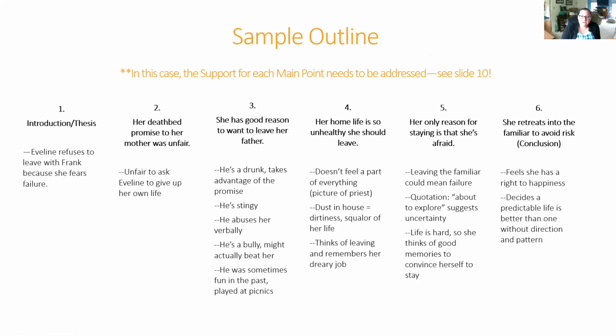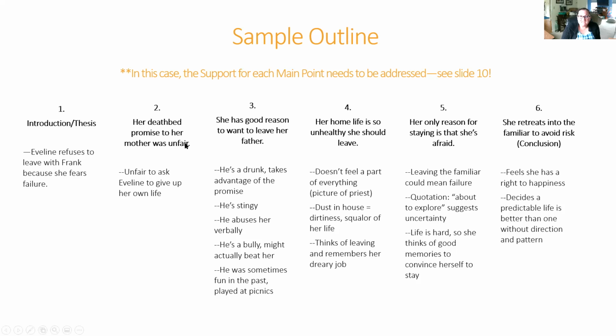Because this main point is supposed to be focusing on her home life, why her home life is so unhealthy that she should leave. And thinking about her job doesn't really fit here, right? Again, this might relate to something about why she should leave, another reason why she should go ahead and go with Frank.